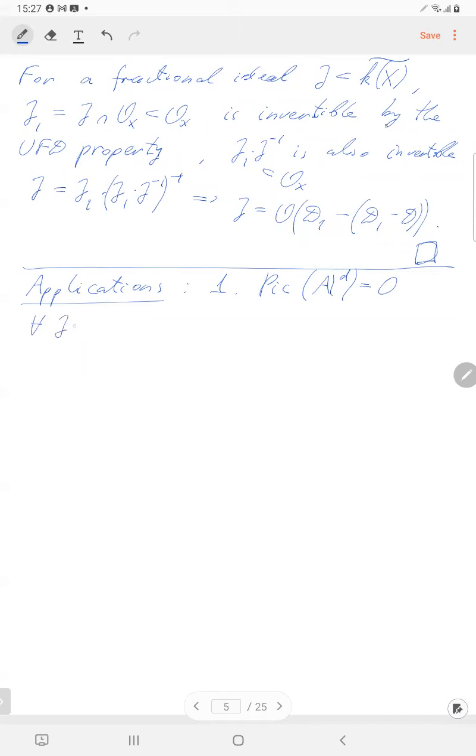Any J is J of D, just because the polynomial ring is a unique factorization domain, and any localization of it is also a unique factorization domain, so the previous theorem applies. And we know that any invertible divisor is of this form, and D is the difference D1 minus D2, where both D1 and D2 are effective.